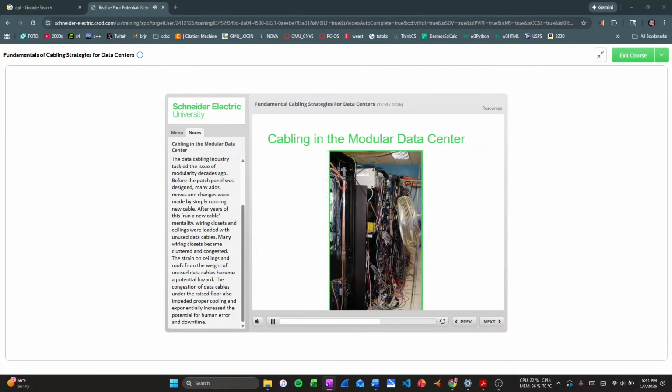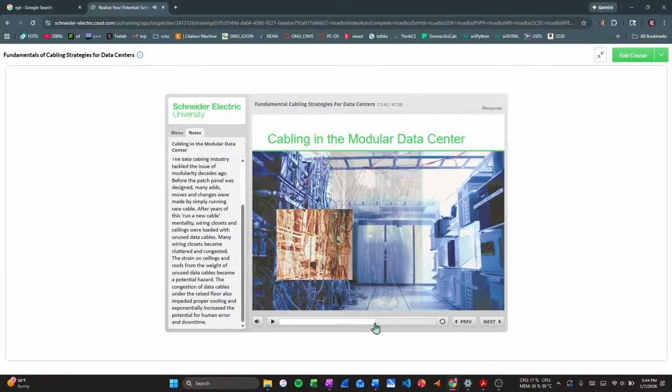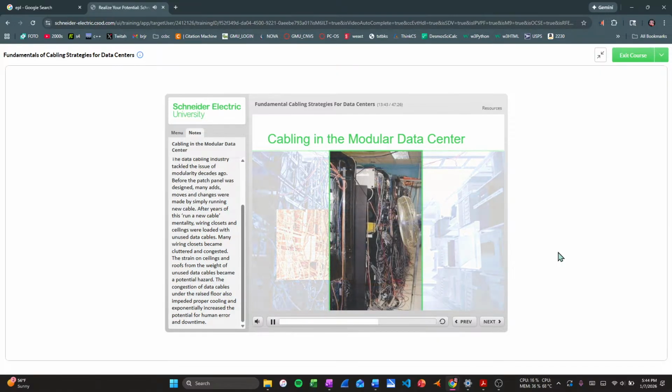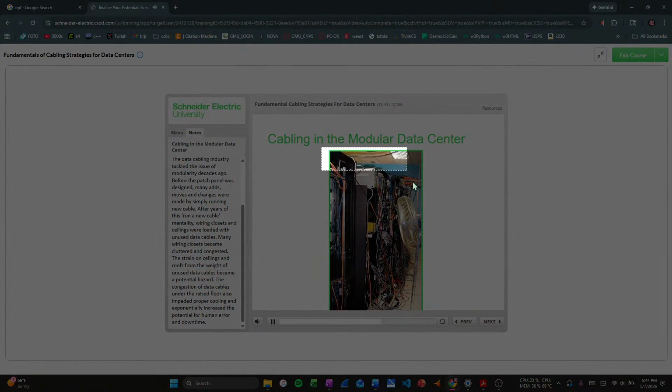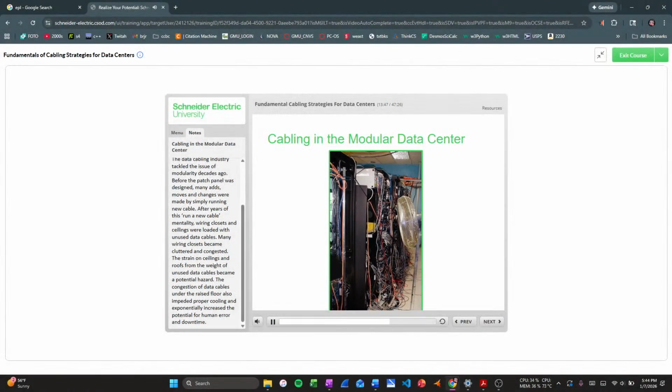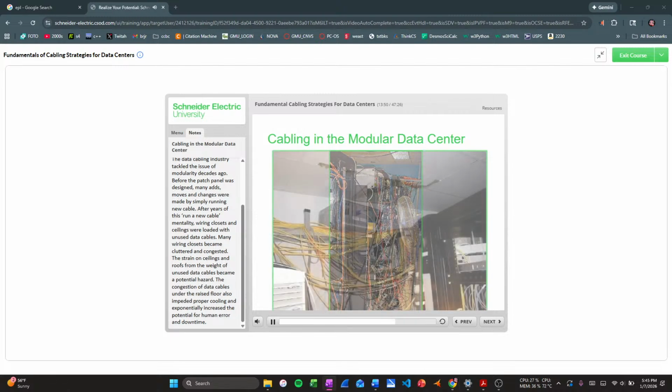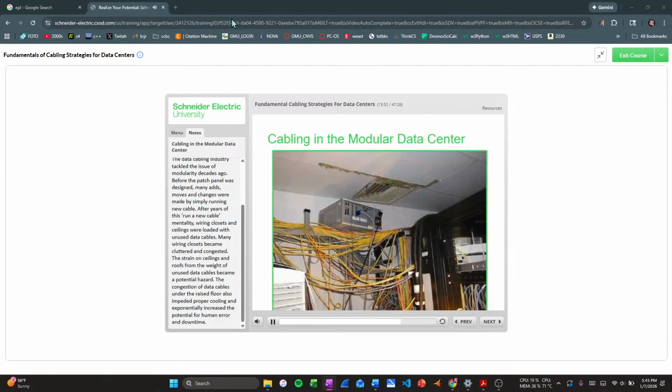Many wiring closets became cluttered and congested. The strain on ceilings and roofs from the weight of unused cables became a potential hazard.